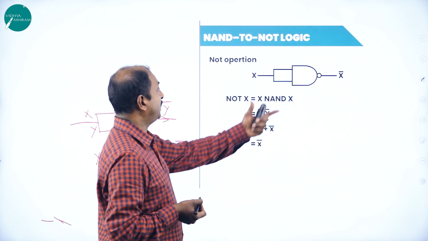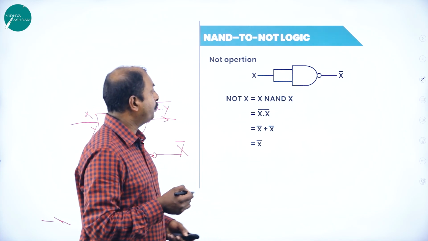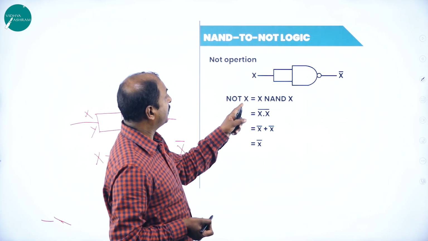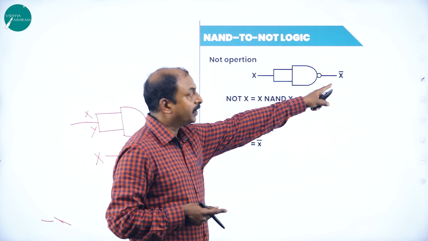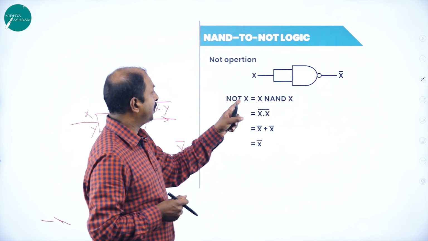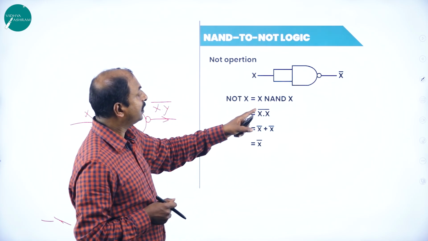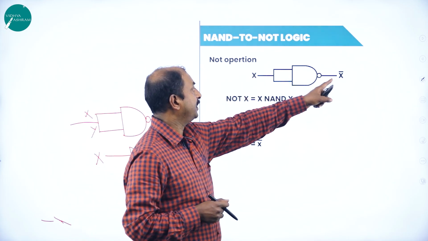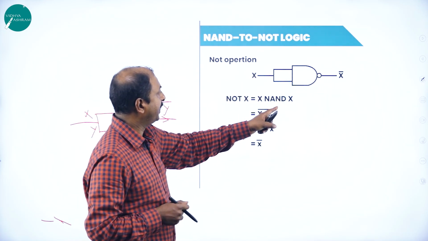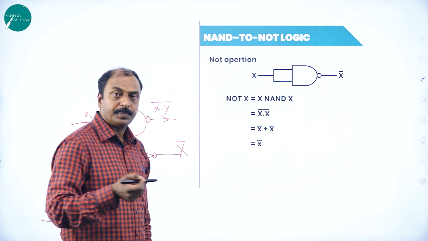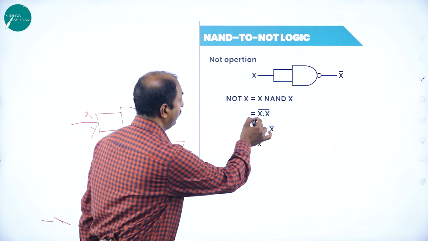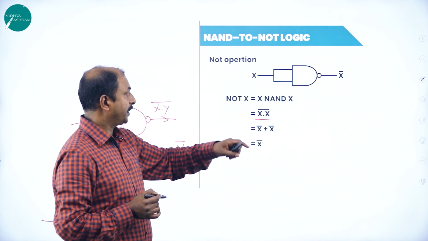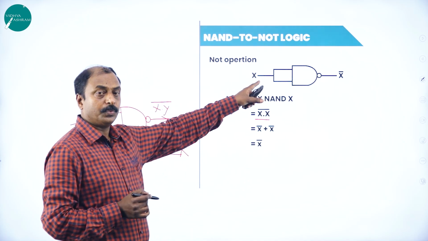How do we prove this algebraically? NOT X, or X naught, will be the output of this. If we say X naught, what is the input? X, this is the NAND gate, and it is X. X, NAND gate, X. And how do we represent this? This is how we represent X and X naught, because it has only one input.